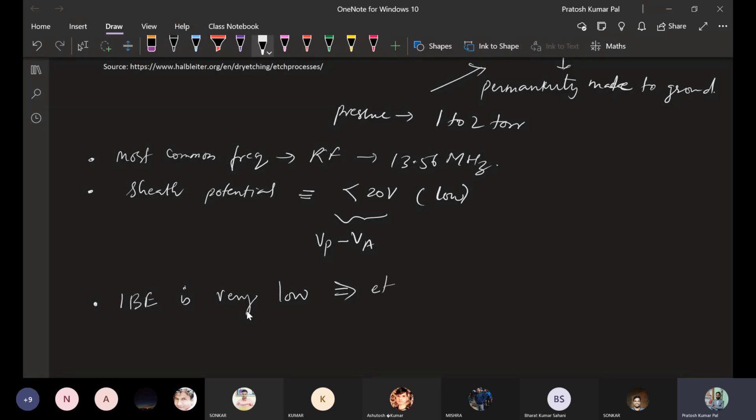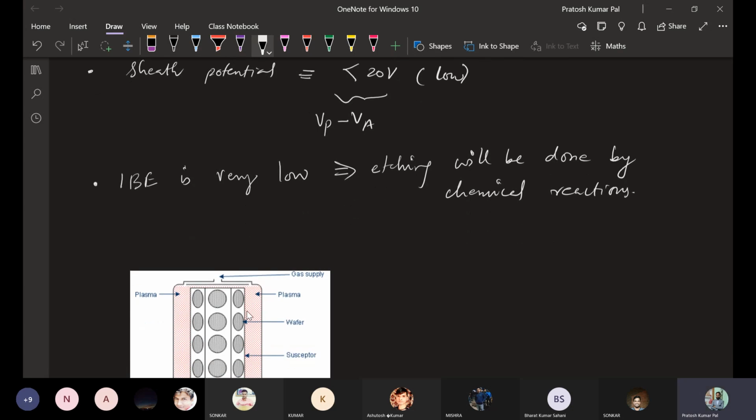So that means the etching will be done by chemical reactions. Okay, so chemical reactions will basically be causing the etching in this type of etching.